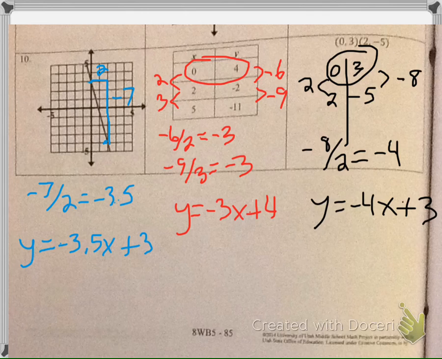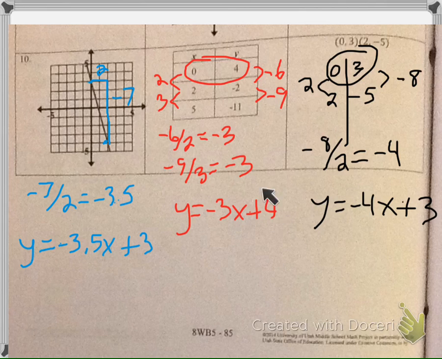Okay, now I'm going to circle the one that has the largest rate of change or slope. This one has a slope of -3.5, -3, and -4. Now a lot of you still get tripped up on these negatives, and you still want to say that a -4 would be bigger because 4 is a bigger number than 3 and 3.5. But when we're talking about negatives, we're talking about how close it is to 0. -4 is farther away from 0 than -3 and -3.5.